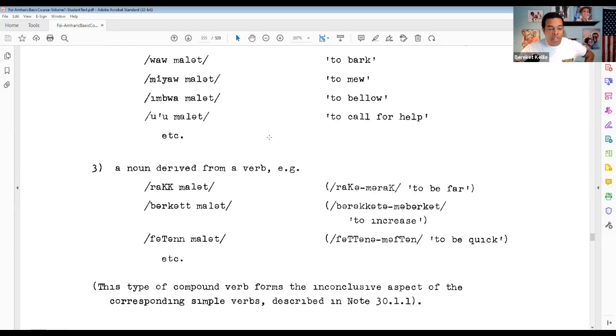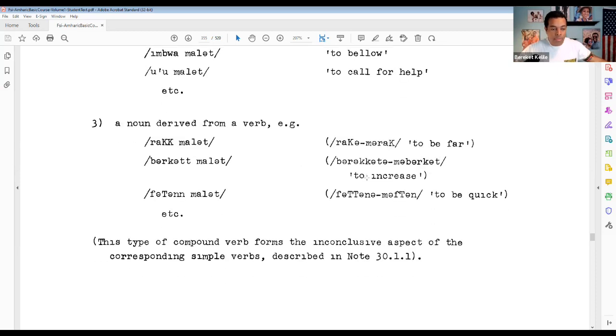Then the third type is a noun derived from a verb. So rak malet comes from raka marak, to be far. Barakat malet, from barakata mabarakat, to increase. And then fatan malet, from fatana maftan, to be quick.